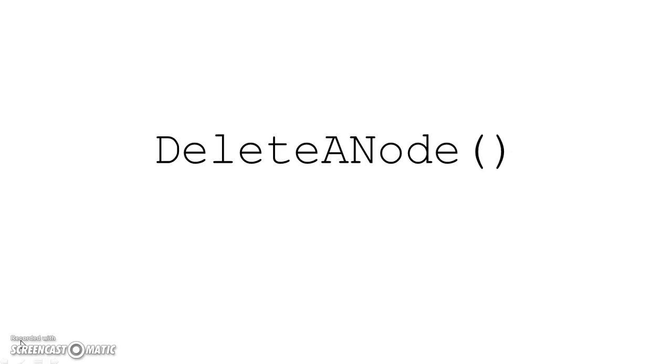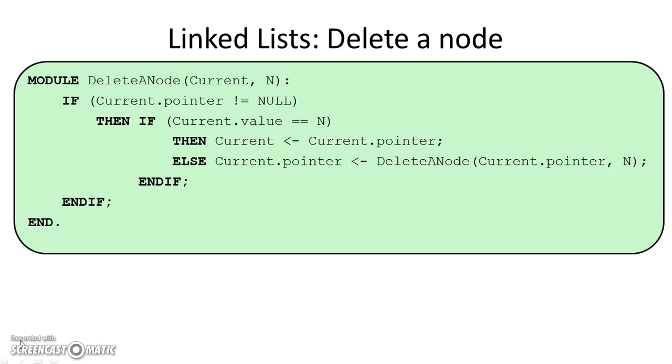How do we delete a node? Deleting a node is simple. It takes in the current pointer and n. If the current pointer is null, then we can't delete that node. If it's not null, then if the value we're trying to delete, n, is the current one, we just say current now points to whatever current.pointer is pointing to.